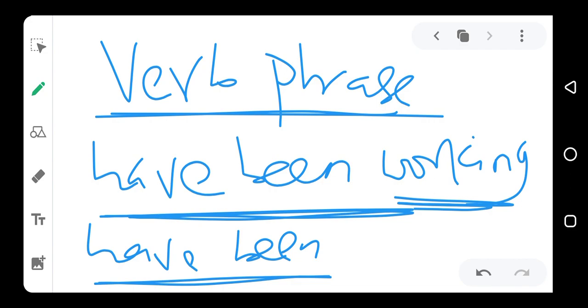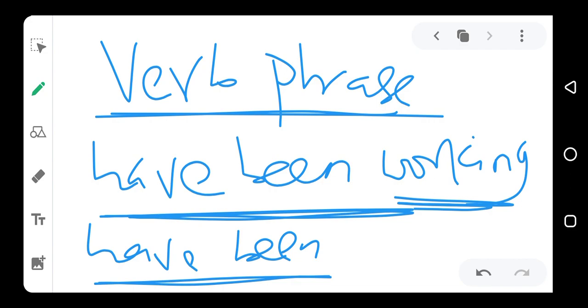So a verb phrase simply means a cluster of verbs. That is a group of verbs. No matter the type of verb, when different verbs come together to form a cluster or a group, we call it a verb phrase. One important thing here is that the verb phrase must not contain a subject.